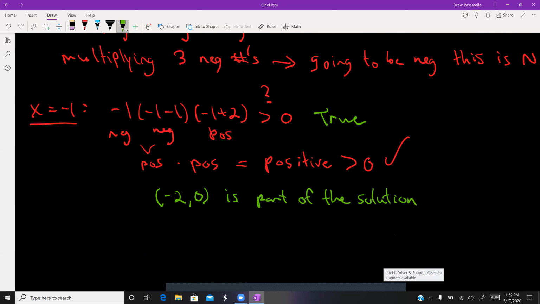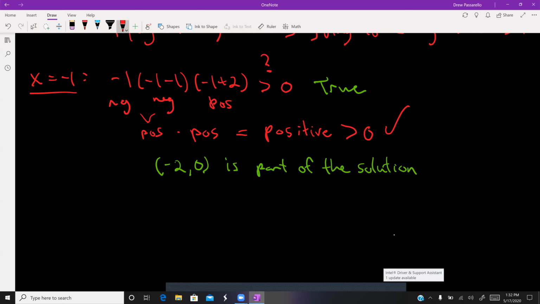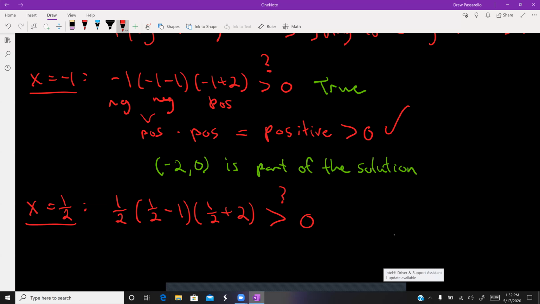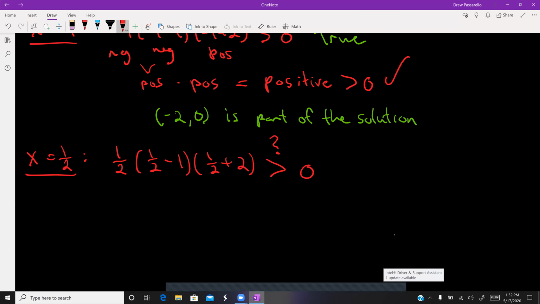All right, then I just keep doing this process for the other ones. The remaining 2 are 1/2 and 2. So let me try 1/2 now. It's just going to be plugging in 1/2, so it'll be 1/2 times 1/2 minus 1 times 1/2 plus 2. I ask, is that greater than 0? All right, so this is positive times negative.